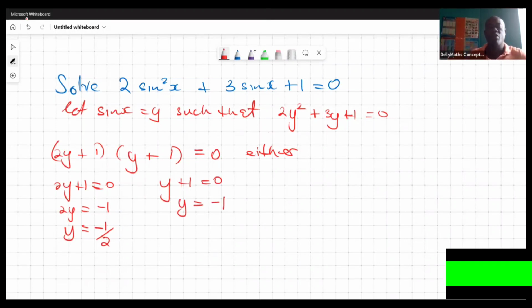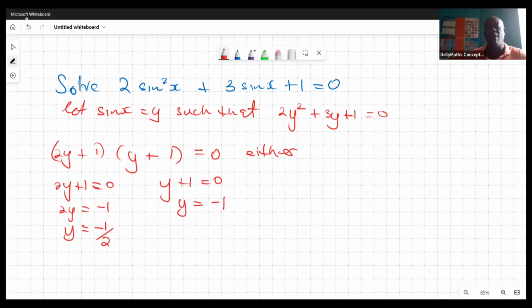All right. So in looking at this right now, we're looking at where y is equal to negative a half and y is equal to negative 1. But remember that the original question had no y in it. So we're going to have to recall that this is what we did in an effort to solve the problem. So now we're going to substitute sine x where y is. So we have two responses to look at.